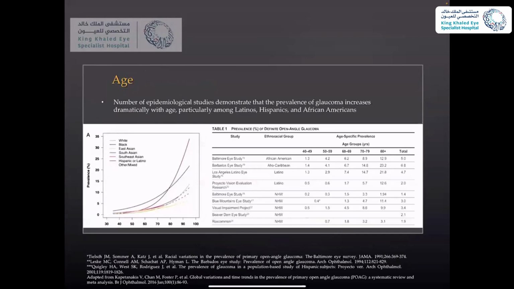What about the age? As we all know, age is a risk factor for developing primary open-angle glaucoma, and many studies have been done looking for that risk factor. What I want you to look at is that if you see here, at 70 years old and above, almost all the prevalence almost doubled.